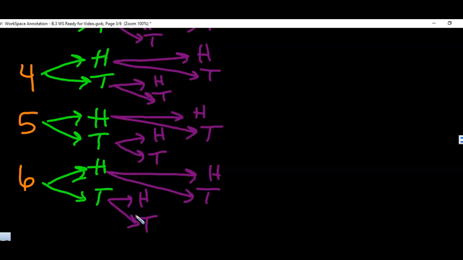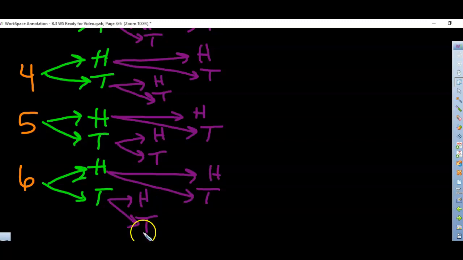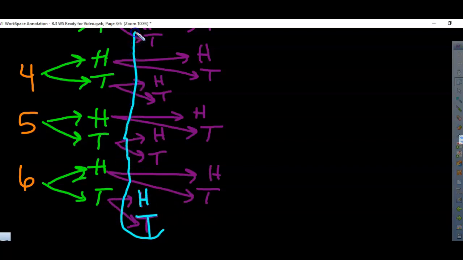Now, once again, to figure out how many different situations we now have, now that we added another coin, we would take the outermost branches or leaves, which in this case would be the purple ones, and we're going to count them up.